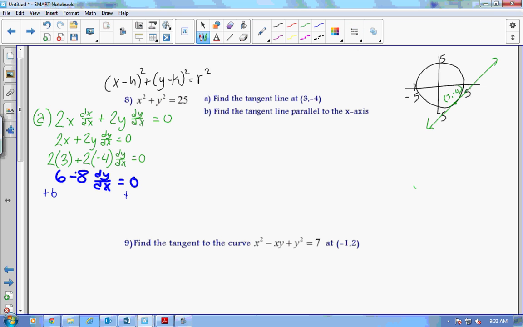Add 6, and it cancels out. -8 dy dx. Divide by -8. So the slope of the tangent line at point (3, -4) is 6/8 or 3/4.